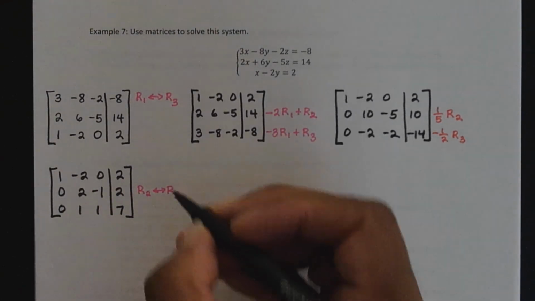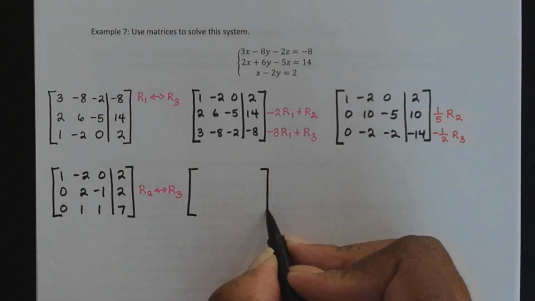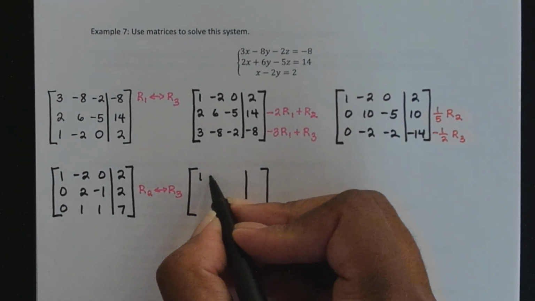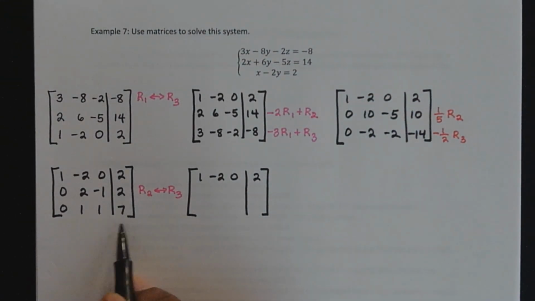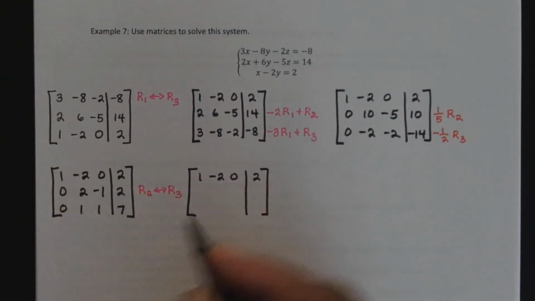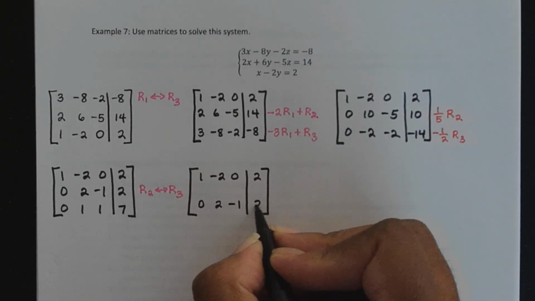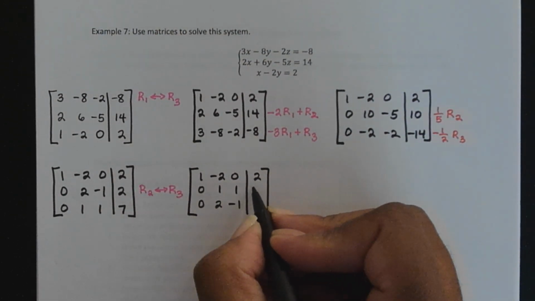So row 2 will be interchanged with row 3. Again, row 1 remains the same. Row 2 becomes row 3, so 0, 2, negative 1, 2 will go into row 3, whereas 0, 1, 1, 7 goes into row 2.